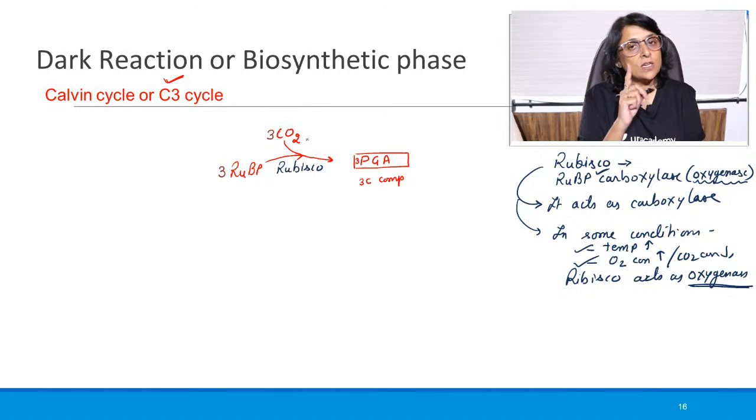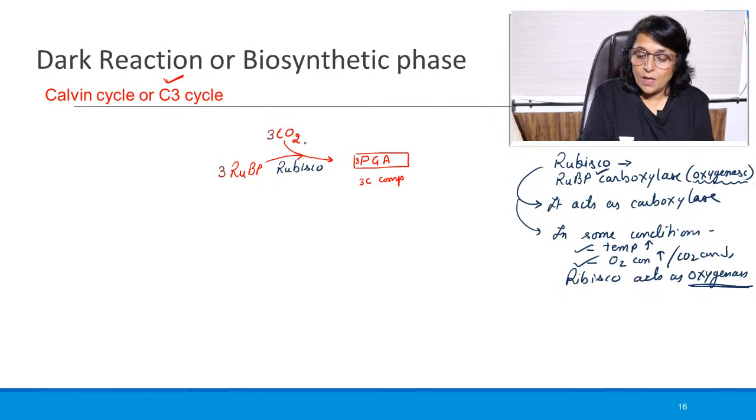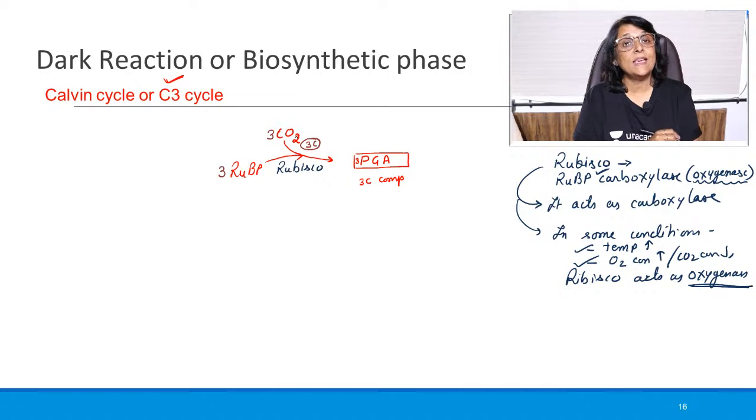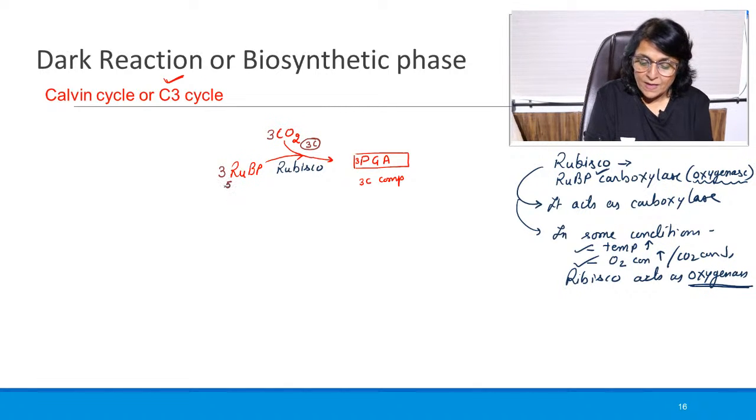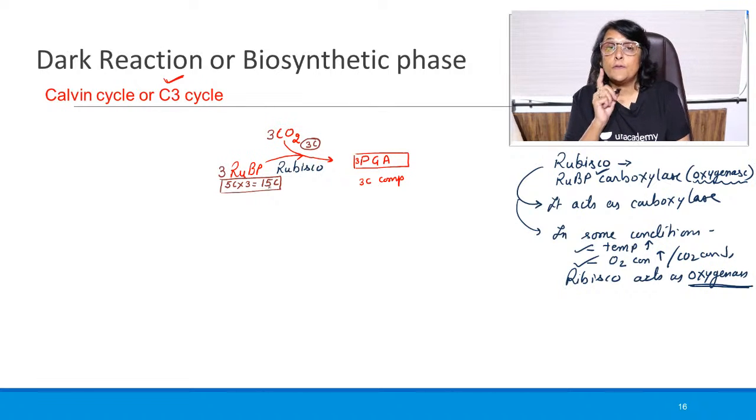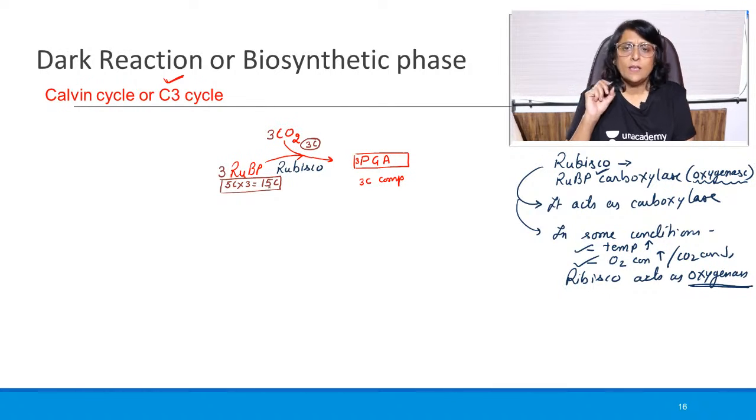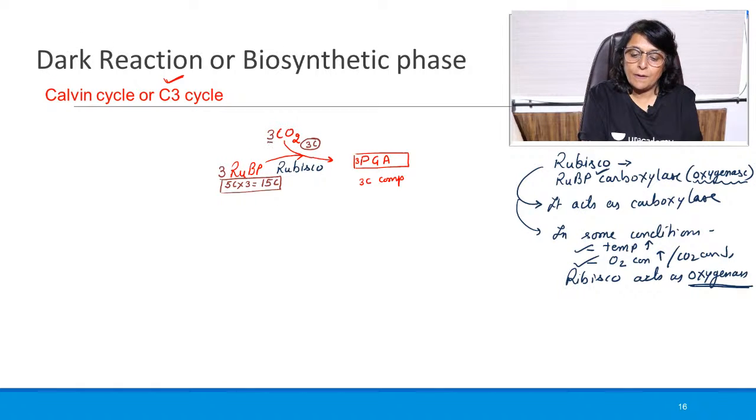Carbon dioxide is 1 carbon, so 3 into 1, that is here we are bringing 3 carbons. RUBP is a 5 carbon compound, and there are 3 molecules. So total there are 15 carbon atoms. So 15 carbons are coming from RUBP and 3 from carbon dioxide. You will realize why we started with 3.